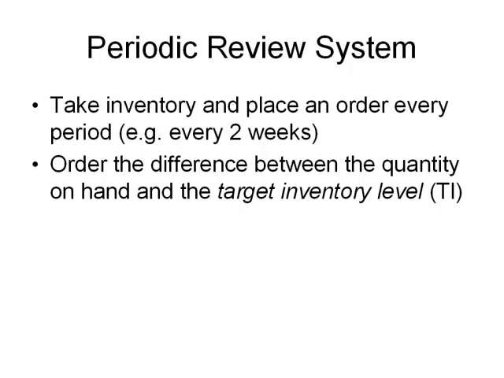For example, if I look in my cabinet and I see that I only have 3 Cliff Bars on hand, and I like to have about 12 Cliff Bars on hand on the day I get back from the grocery store, then I would put 9 Cliff Bars on my grocery list. The difference between the quantity that I have on hand today when I take my inventory and the target inventory level that I implicitly have in my brain for that item.